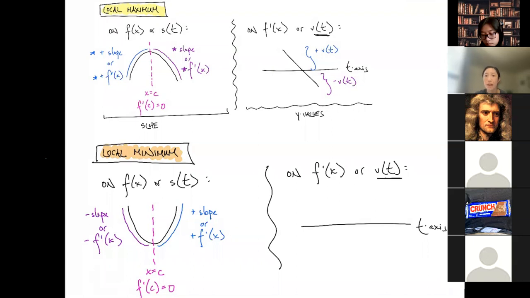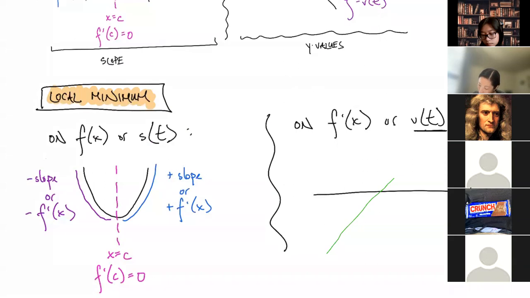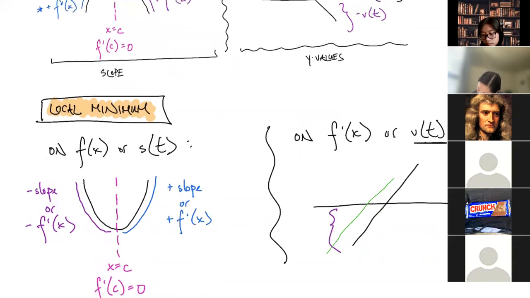Yeah, we're going to have sort of positive. Exactly, Graham. We're going from the negative y values to the positive y values. So I'm going to go ahead and zoom back in. Let's get that picture. So we go from negative to positive because this region is negative velocity, and this region is positive velocity.